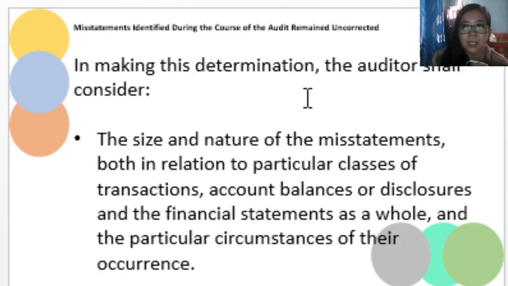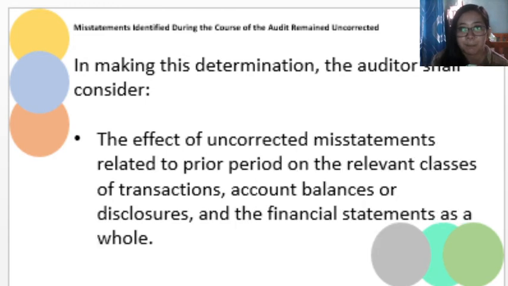So in making this determination, the auditor will consider the following. First, the size and nature of the misstatements, both in relation to a particular class of transaction, account balance, or disclosures, and the FS as a whole, and the particular circumstances of their occurrence. Okay, so of course, materiality is very important in this case since we are talking about misstatements that were uncorrected.